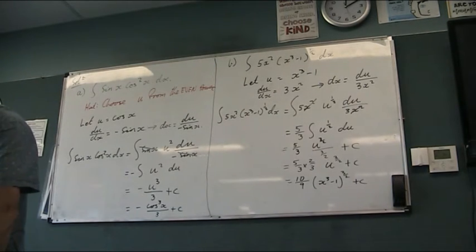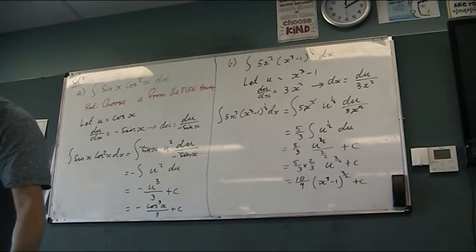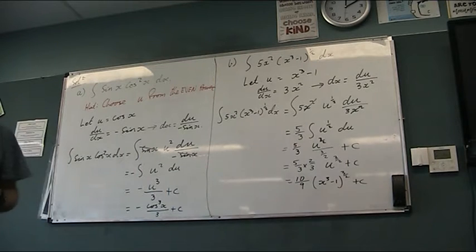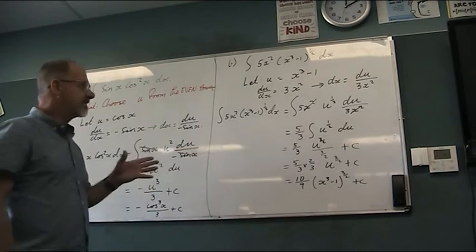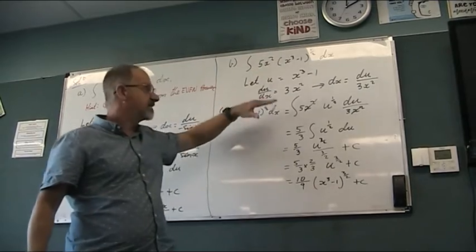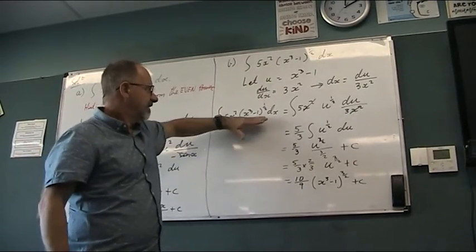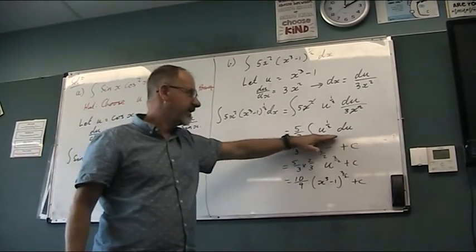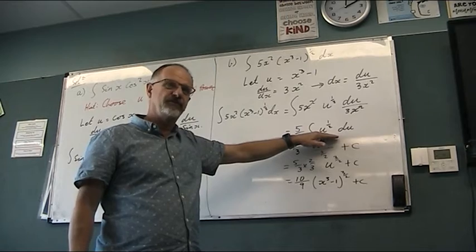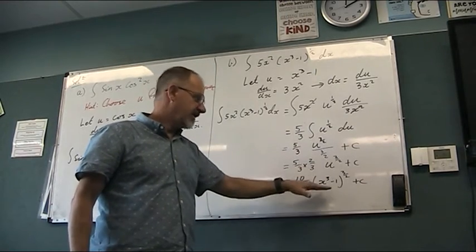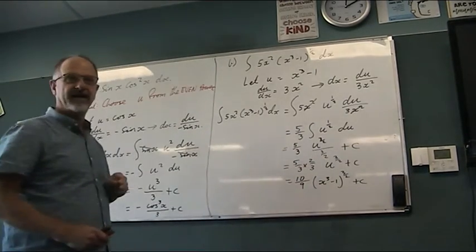Anything about that? Alright. So again, you see we're choosing something that simplifies, so that something that's quite complicated becomes something more straightforward, and then we substitute back in the end.